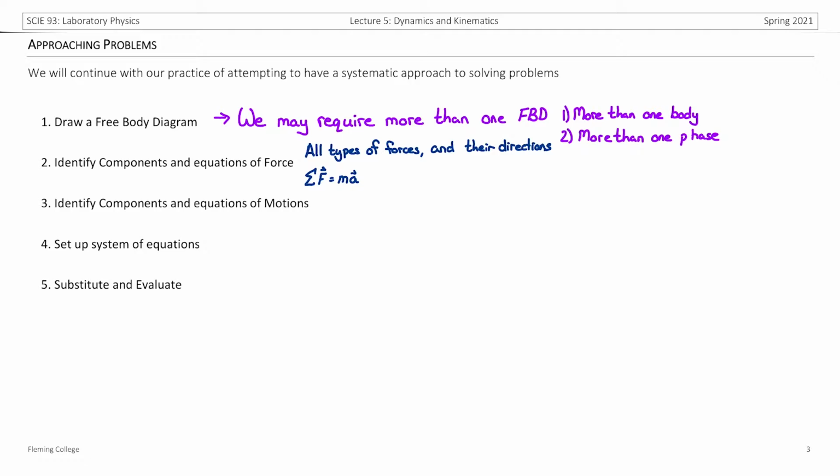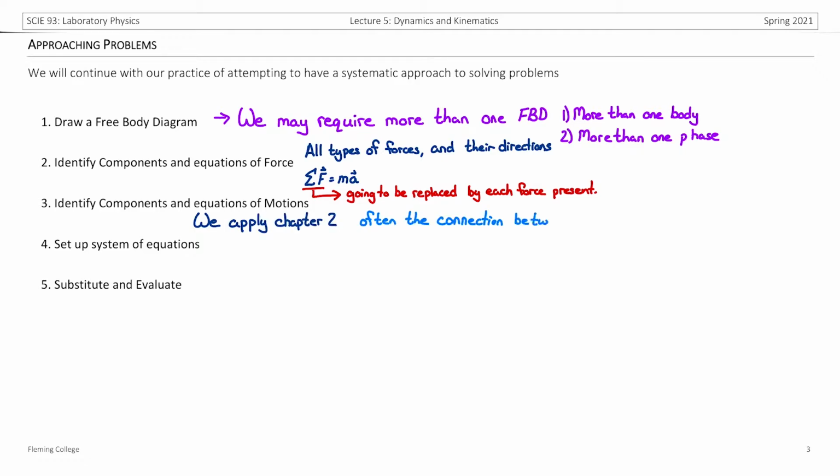Something to pay attention to is that this sum of all forces is going to be replaced by each of the forces acting on the body. We'll look at that in more detail in a moment. For identifying the components and equations of motion, we are applying Chapter 2 content. Often the connection between these two steps will be acceleration.